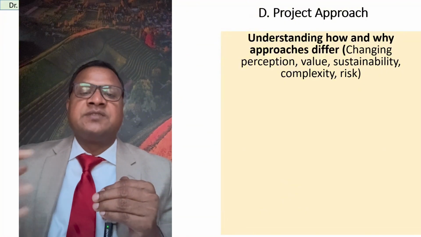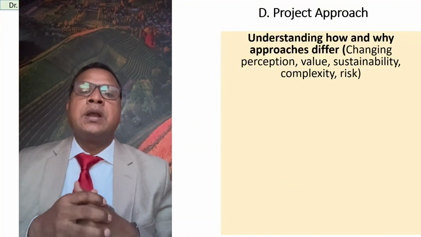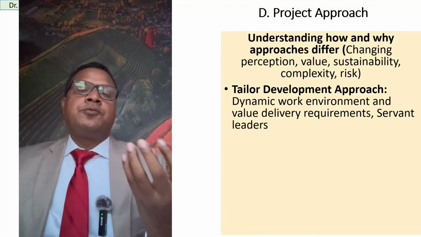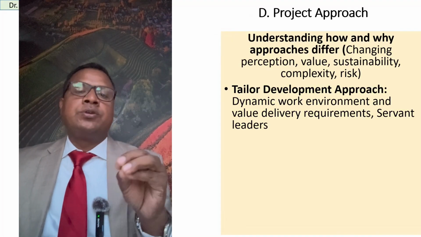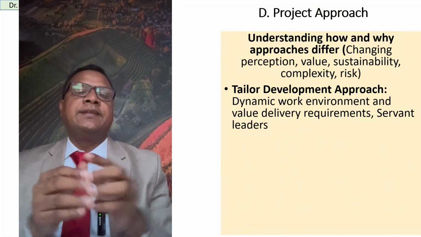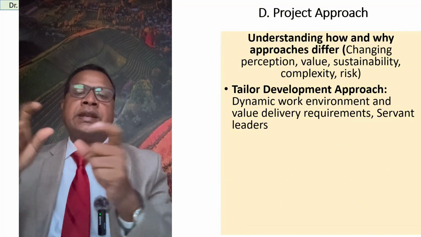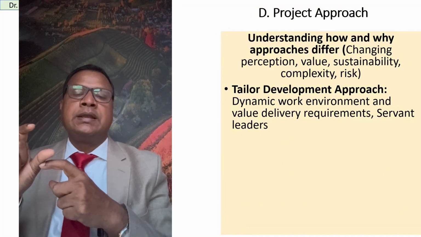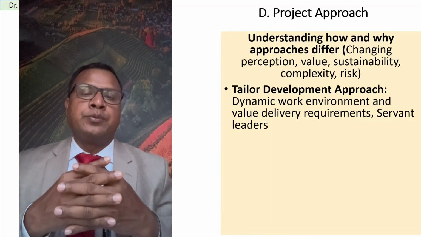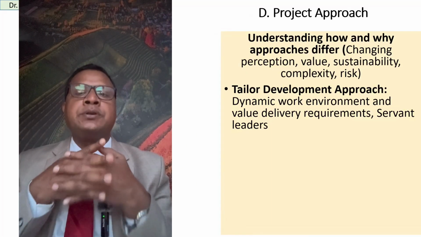Your purpose and vision also differ from project to project. That's why you have to decide based on your product nature and project nature whether it is a predictive or adaptive approach, and based on necessity you can tailor the development approach. It can be hybrid too.